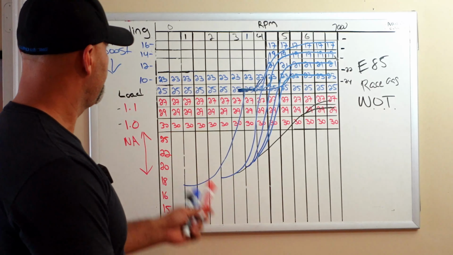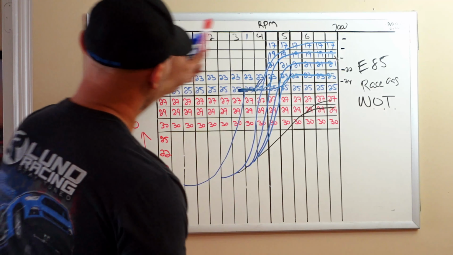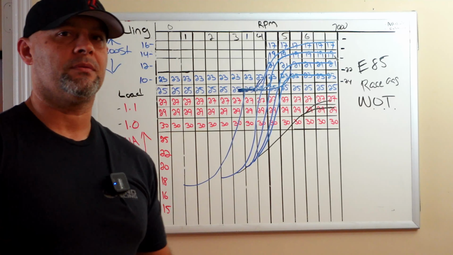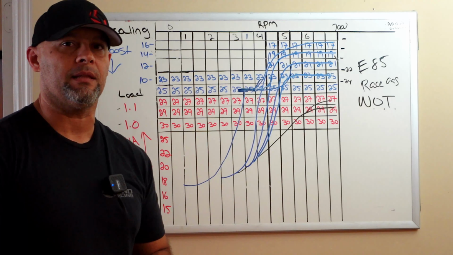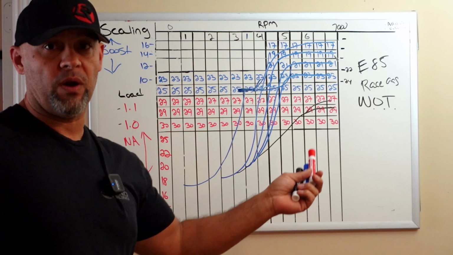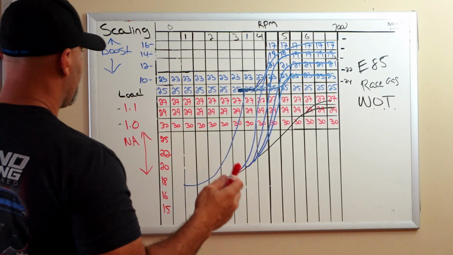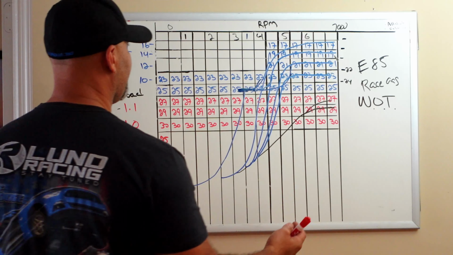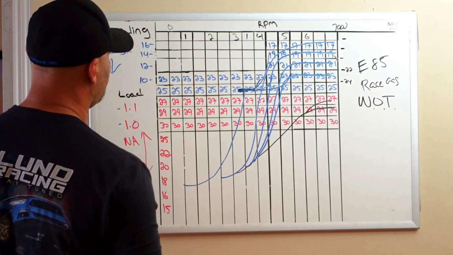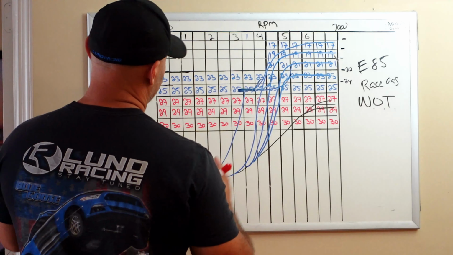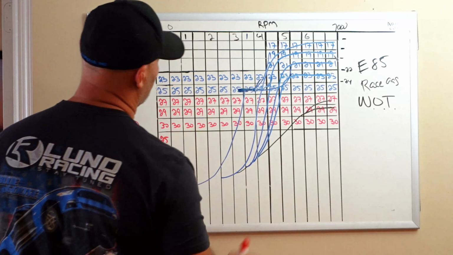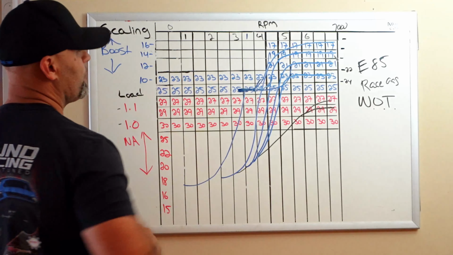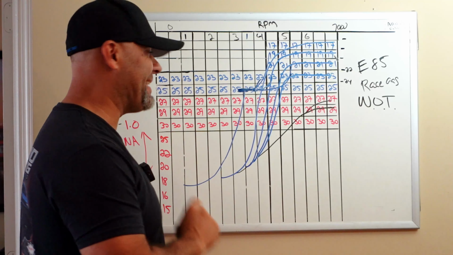This is why. This tune is a byproduct of thousands of tunes that Lund Racing does and reputable tuners do. So there is no real magic here. It's just data that's been compiled from thousands of vehicles, and again, this is a generic scale, but Lund Racing and others that I've worked for scale it a certain way based on their data.